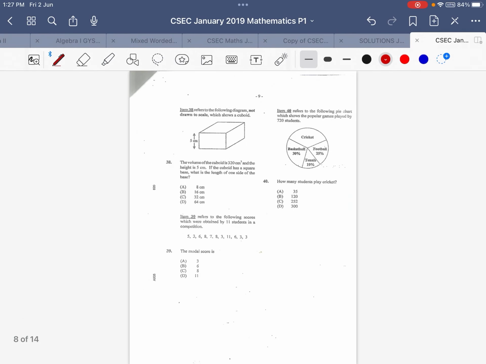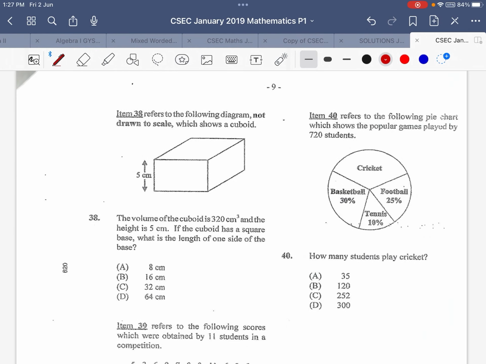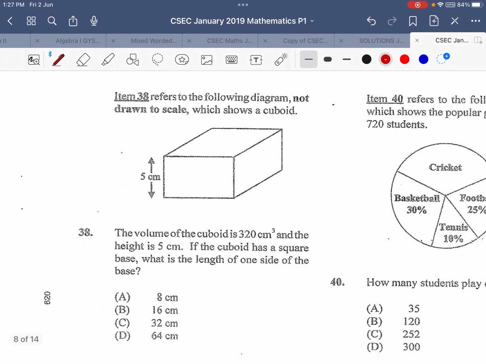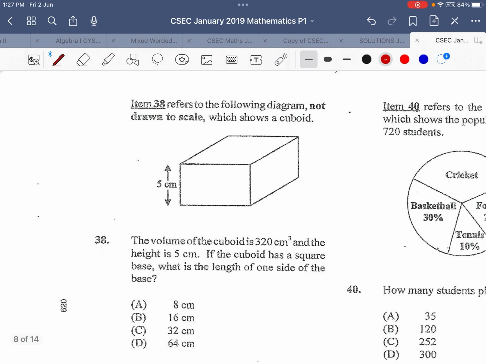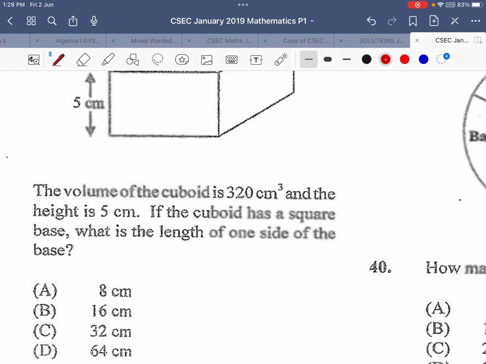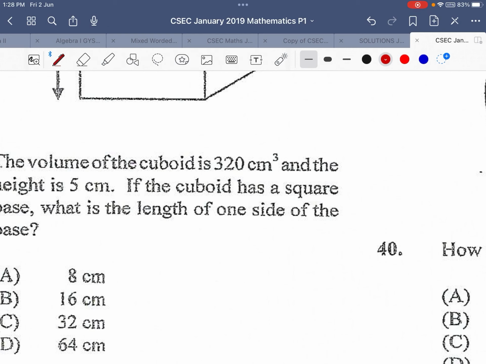Okay, moving on to question 38. The volume of the cuboid is 320 centimeters cubed and the height is 5 centimeters. If the cuboid has a square base, what is the length of one side of the base? Okay, so we need to find the area of the base. And since volume would be length times breadth times height, then length times breadth, which is the area of the base, would be volume over height, which is 320 over 5, right?